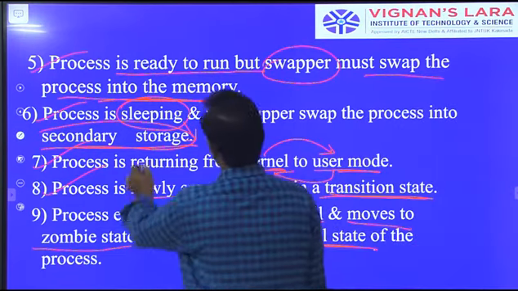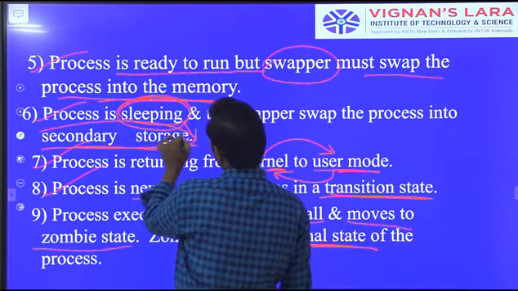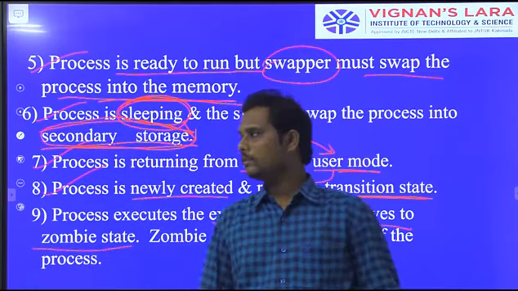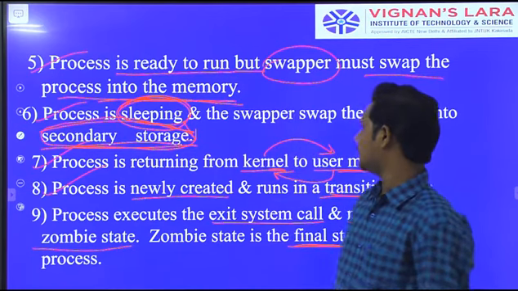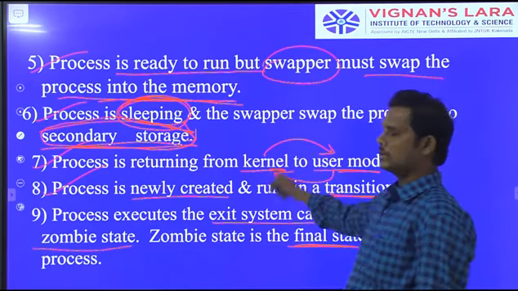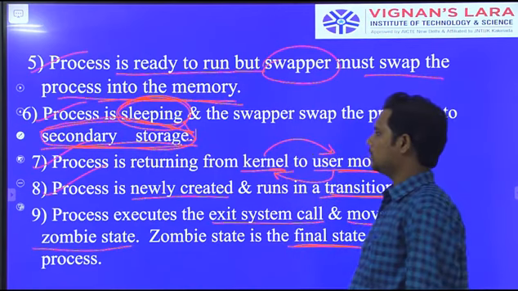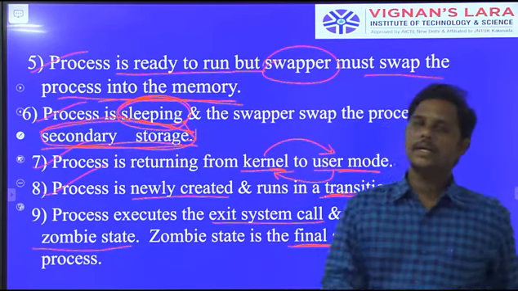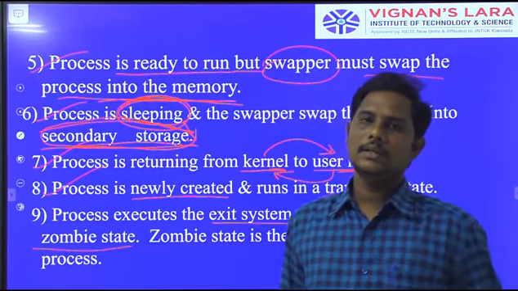Whatever sleeping state processes are there will be stored in the secondary storage. Next, the process is returning from the kernel to user, user to kernel. The process is newly created and runs in the transition state.